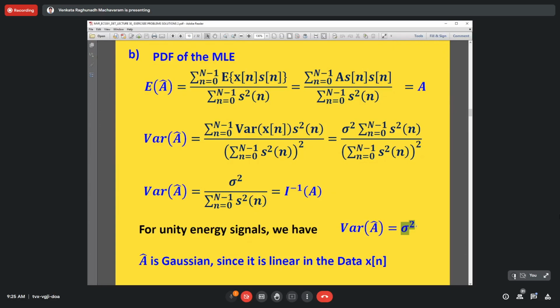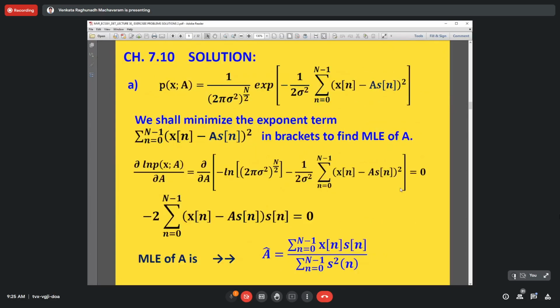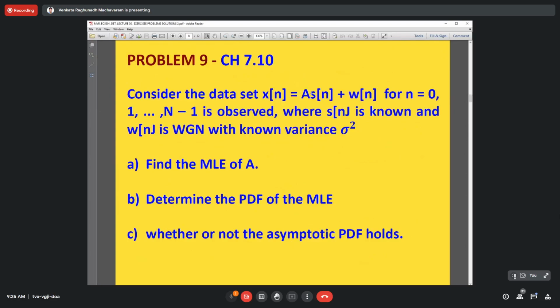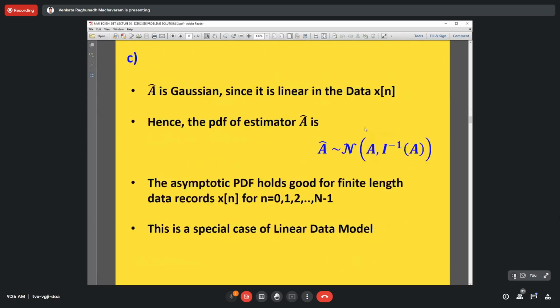All this tells you that the estimator has a Gaussian PDF, even though the distribution of s[n] is not known to you. A hat is Gaussian. Why? A is x[n] minus w[n] by s[n]. x[n] and w[n] are Gaussian, so it is a transformation of random variables, and one can easily prove this statement.